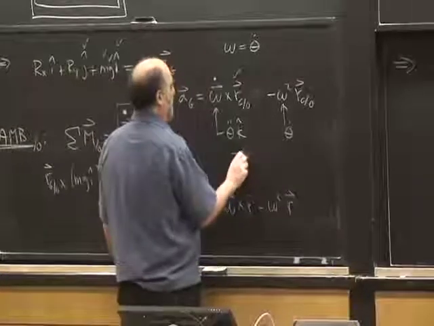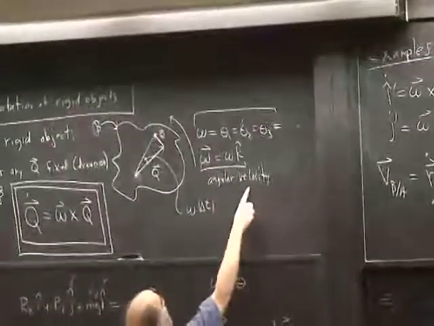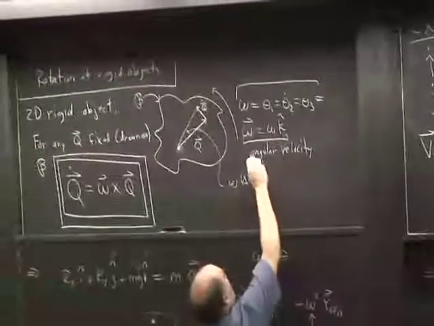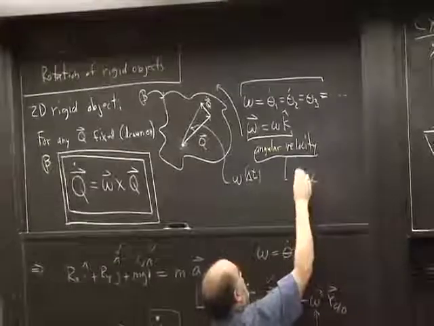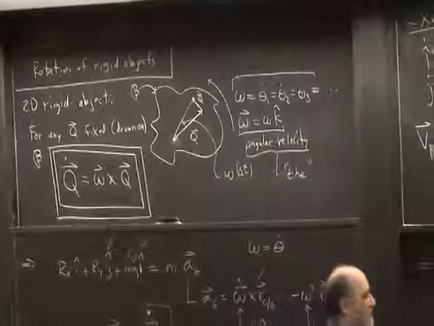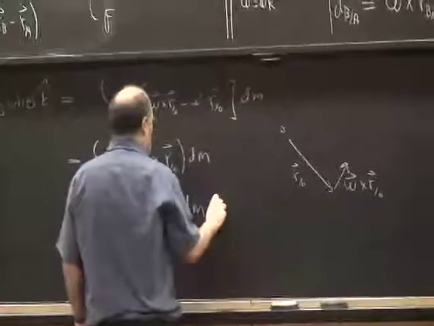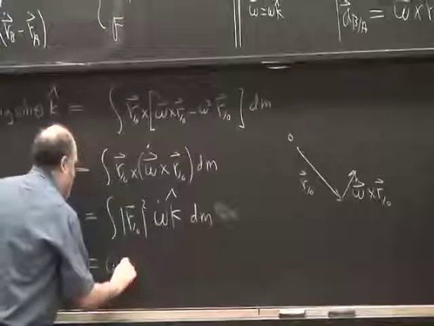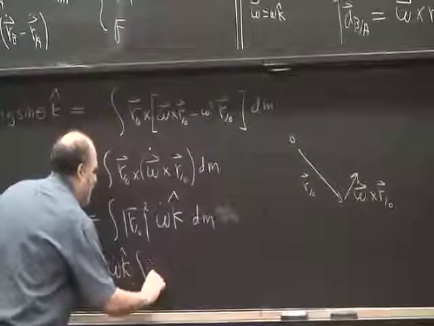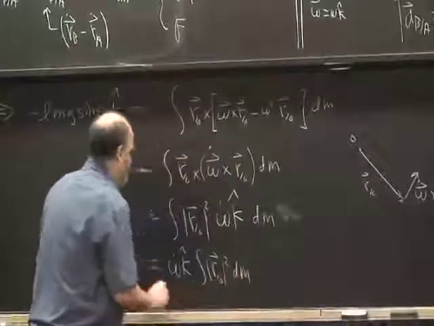Go back to blackboard number 1. Omega is the angular velocity. So we can talk about this as the angular velocity. Why is it the angular velocity? For one rigid object, there is only one such thing. So this then turns into omega dot k times the integral of the position with respect to O squared dm.